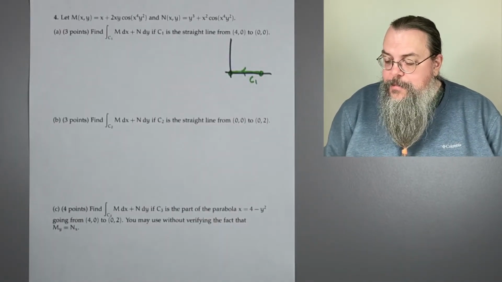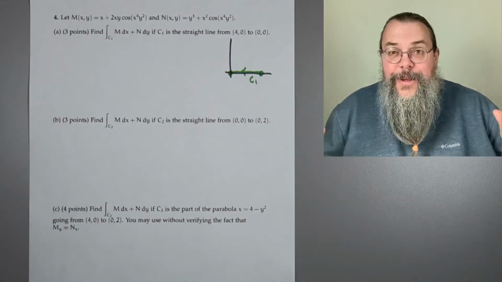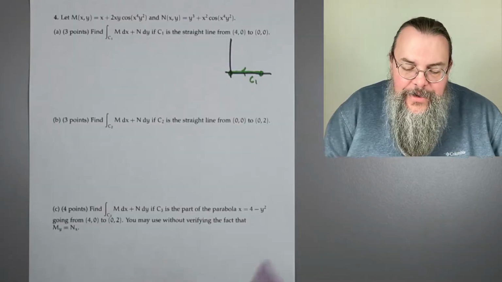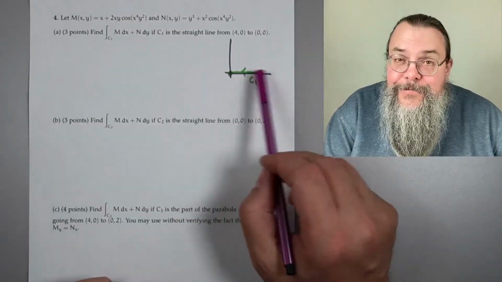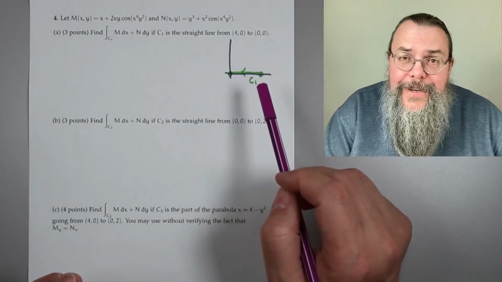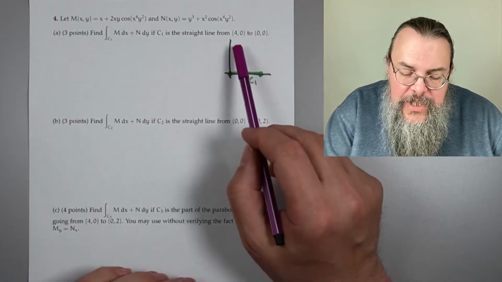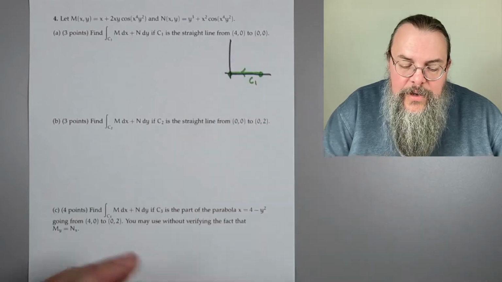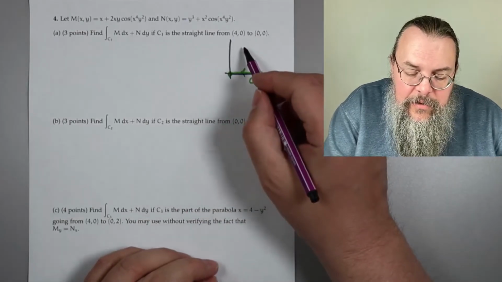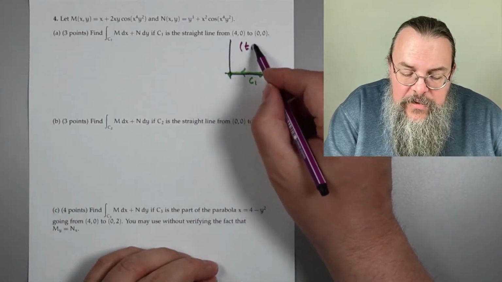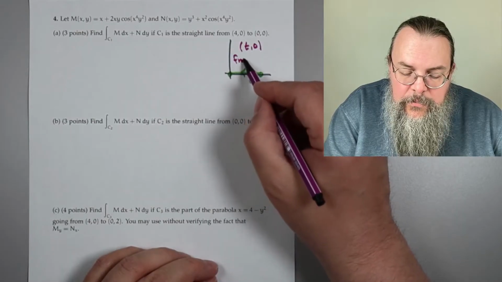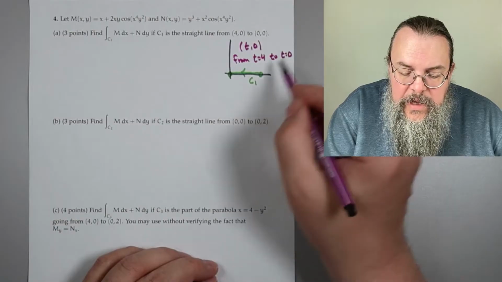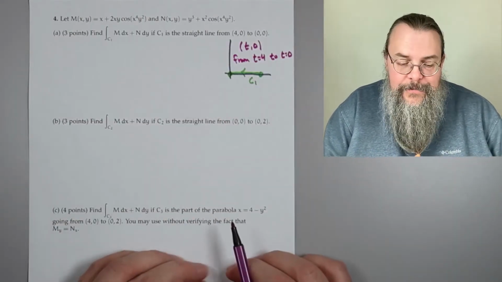It always has y equals 0, right? And the only thing that's changing is the x values. So we're going from 4 to 0. So we could say it's the curve (t, 0) from t equals 4 to t equals 0. That's our description of our curve.